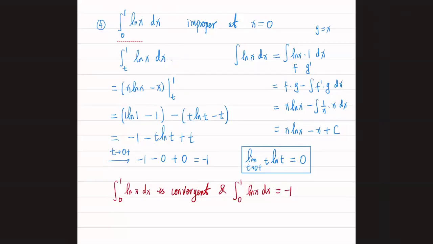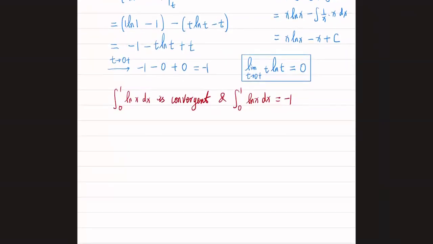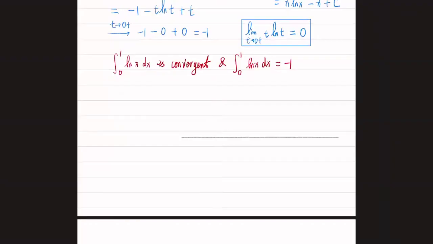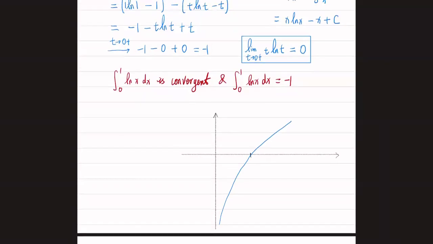This is a very strange function. If we graph this logarithm, what the integral tells us is that the total area will be negative 1.